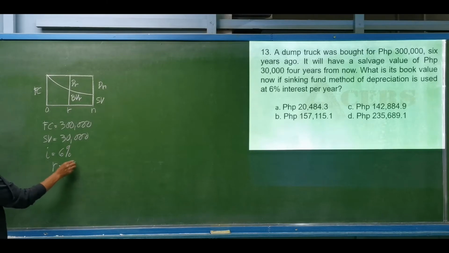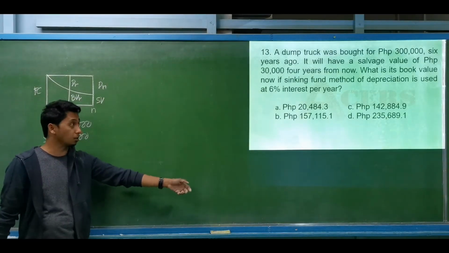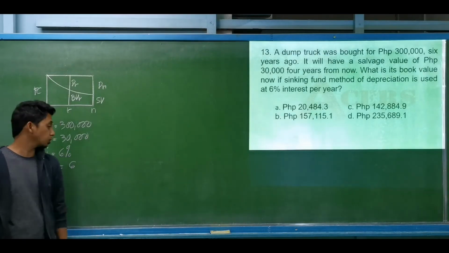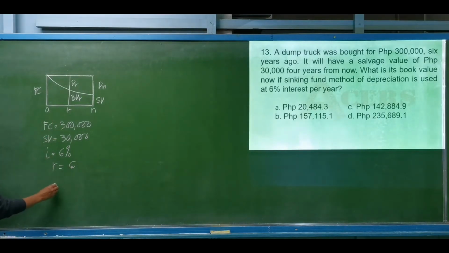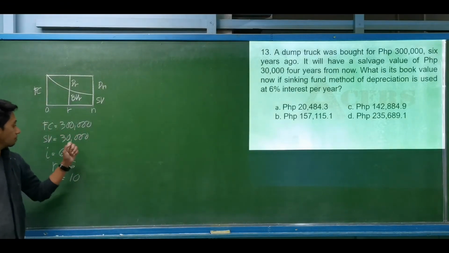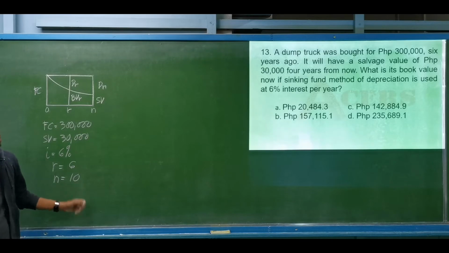That is the 6th year, since the dump truck was bought 6 years ago. It will have a salvage value of 30,000 pesos 4 years from now, so 6 plus 4, we have a useful life of 10. Present is at 6. Four years later, on the 10th year, it will have a salvage value of 30,000.